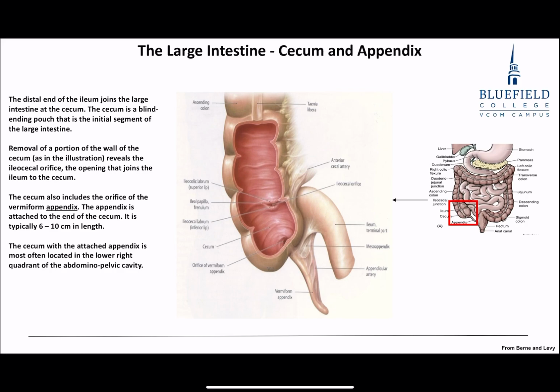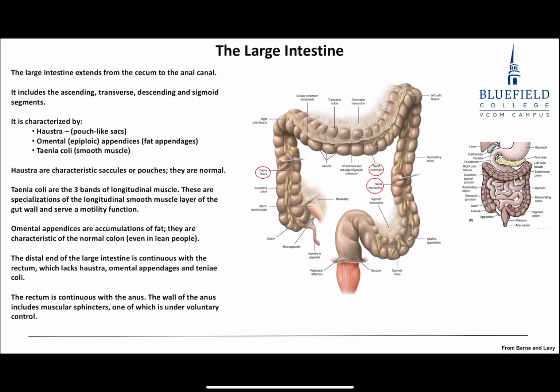Haustra, which are these little saccules. And there are something else called omental appendices, or they're also called epiploic appendices. So these two terms, omental and epiploic, are synonyms. I think one is Latin and one is Greek or something like that.